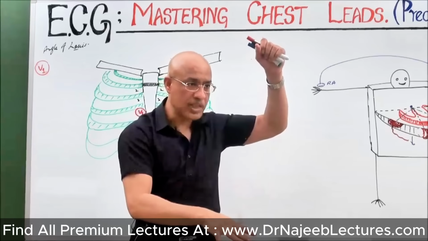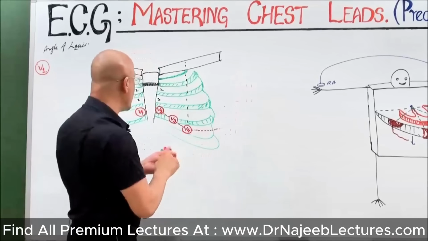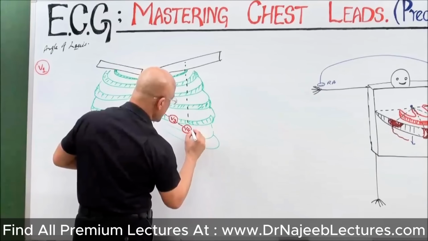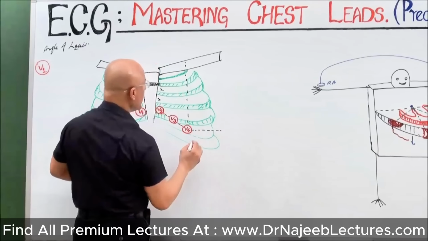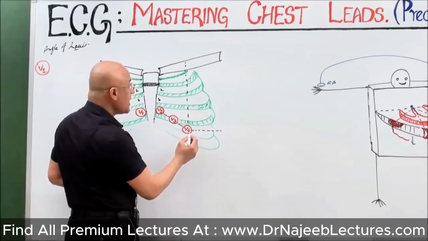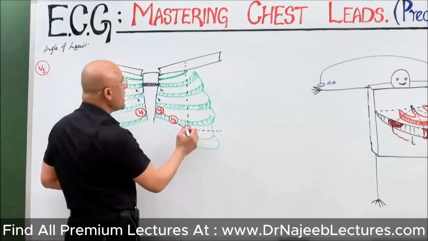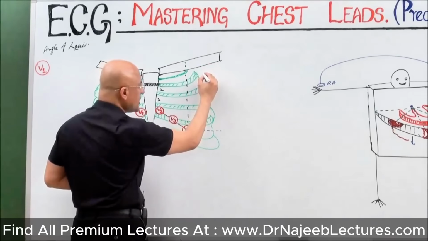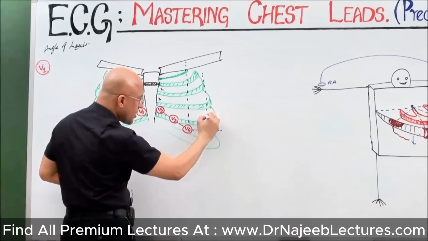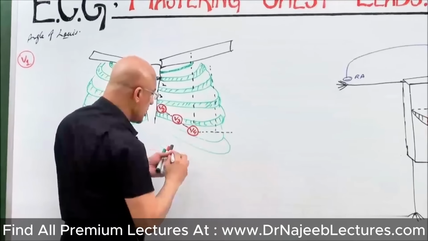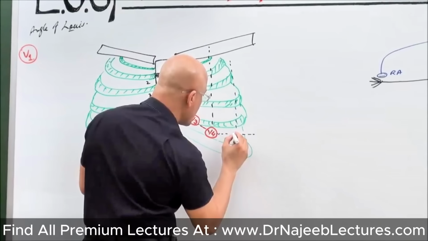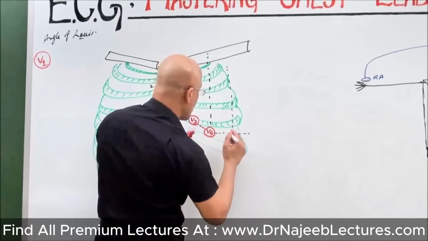All of you must be knowing that. So at the horizontal plane, at the level of V4, which is the 5th intercostal space, and this is the anterior axillary line. So this will be the position of V5.